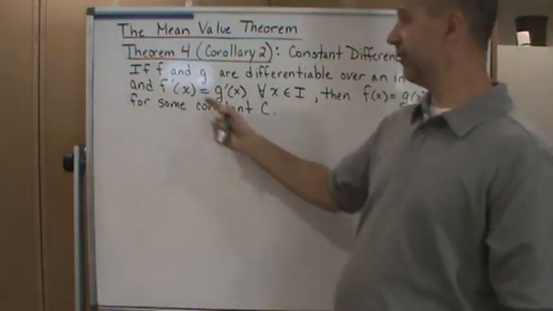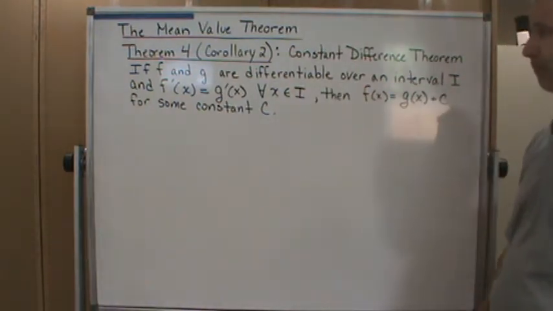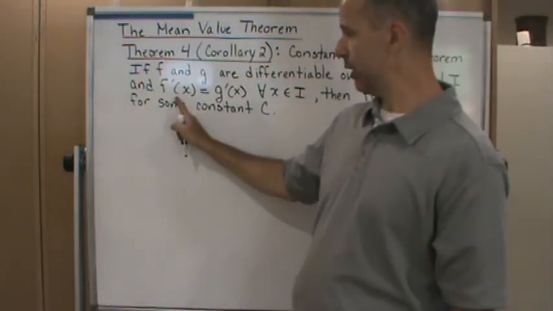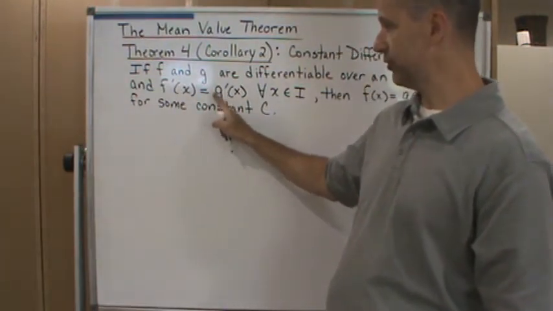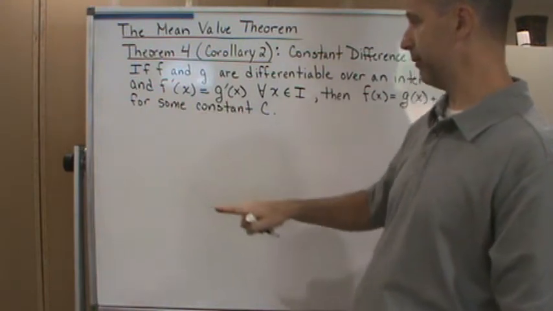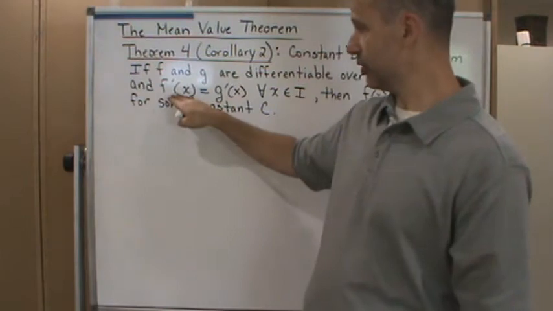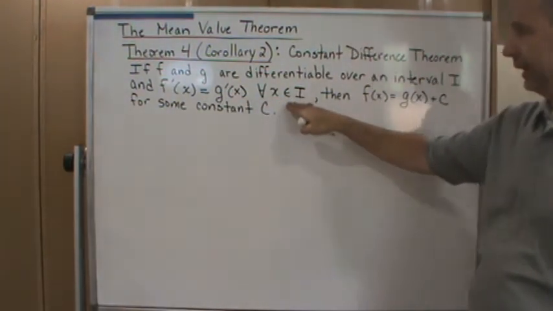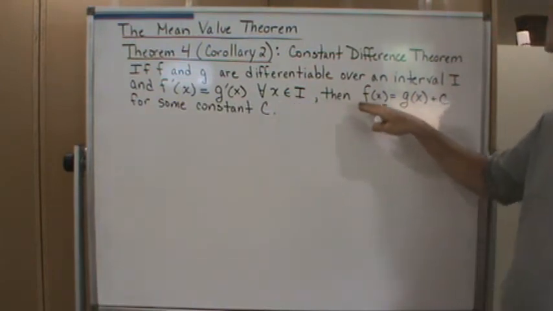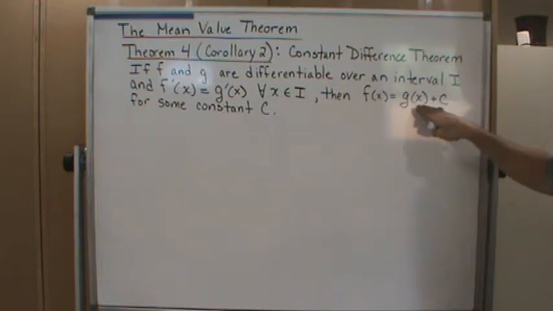It's saying that if f and g are differentiable over an interval I, and the derivative of f at x is equal to the derivative of g, so f prime of x is equal to g prime of x for all x in the interval, which in other words means the slopes are the same at every single point in the interval, then f of x and g of x differ by a constant c.